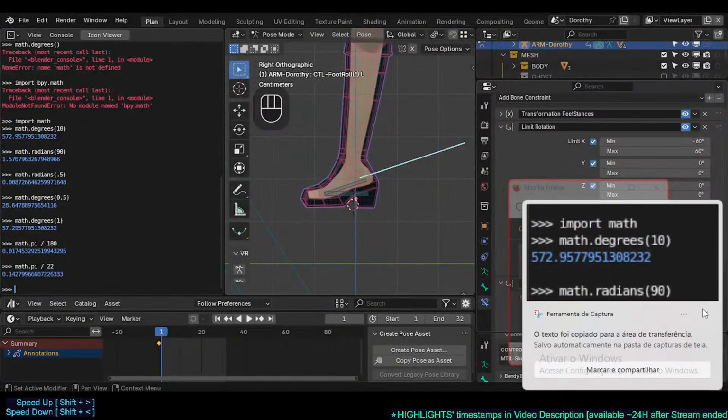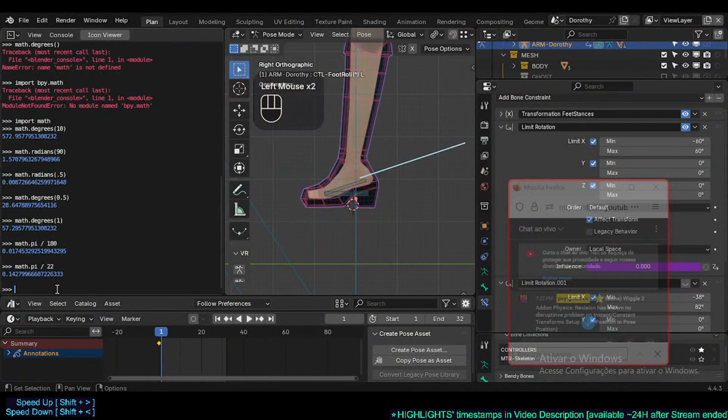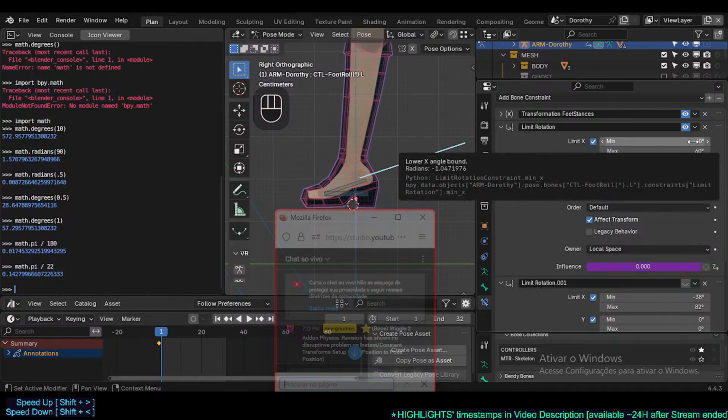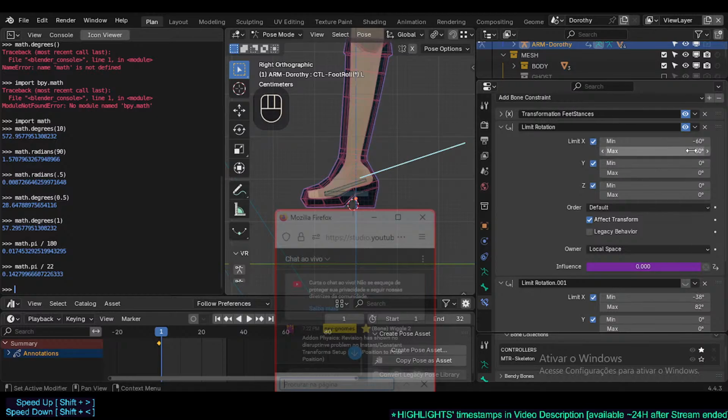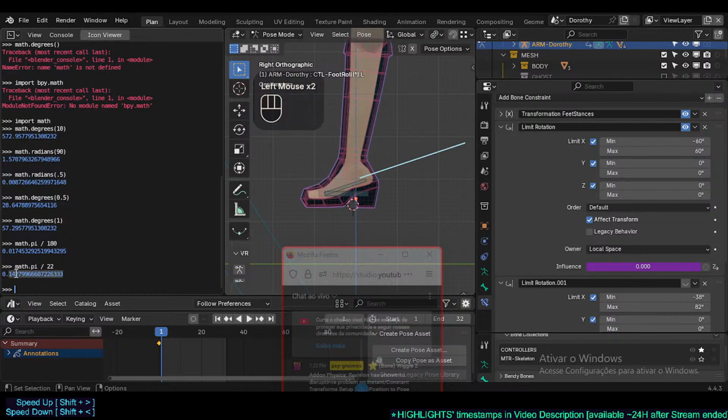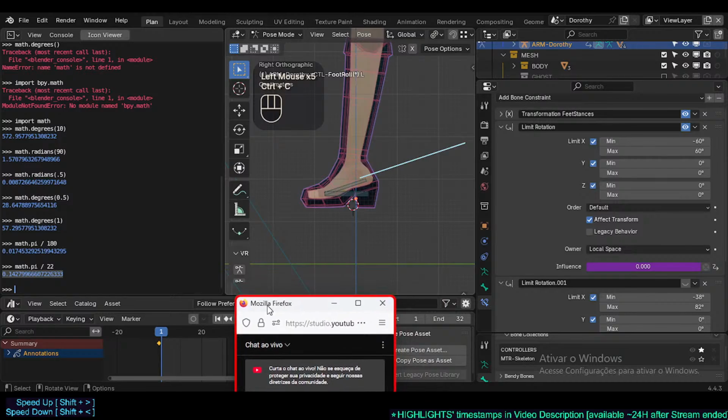Okay, just picking the screenshots. So here we're gonna, so this is the angle plus 22, that will become this plus 22, that is 82. Okay, so I need this value here.